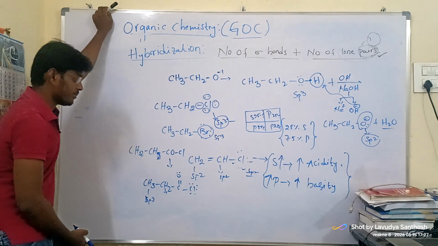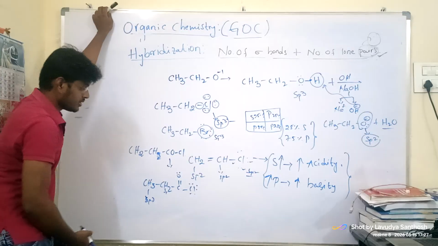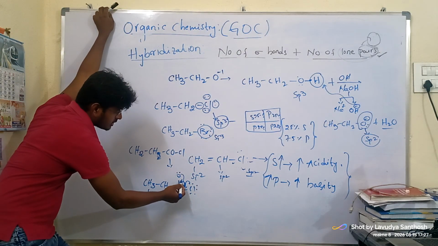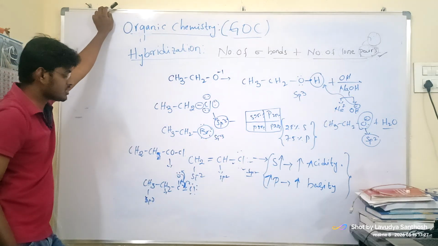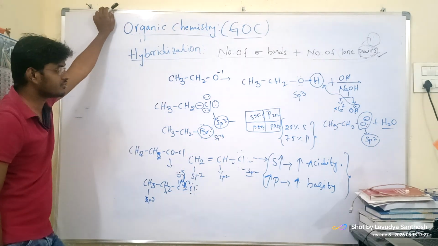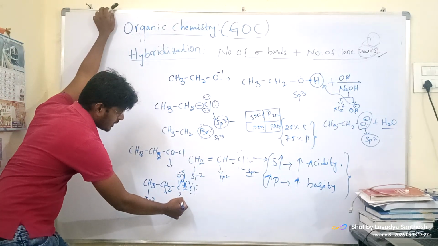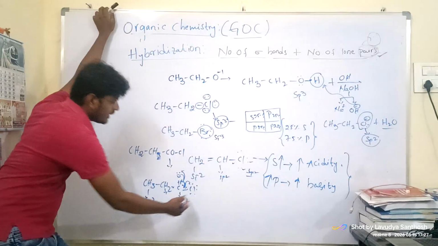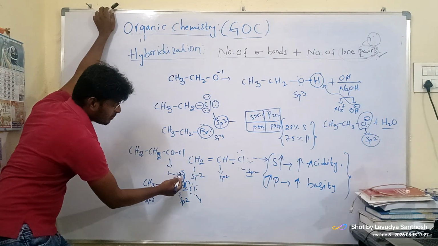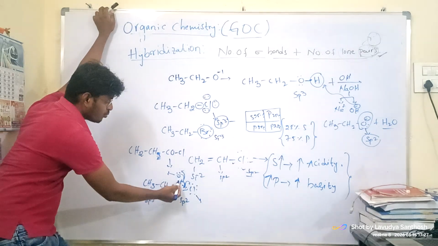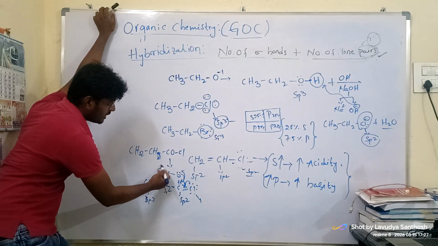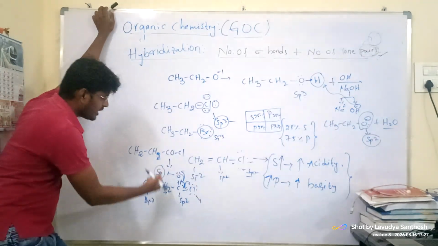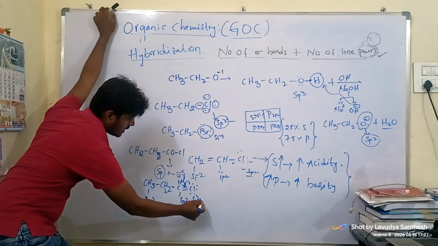Now lone pair migration and resonance, the types of resonance we will be discussing, but here this will be sp2, this will be sp2. Now chlorine and oxygen: one lone pair is involved in resonance, so one pi bond is there here, sp hybridized, and this chlorine is sp2 hybridization.